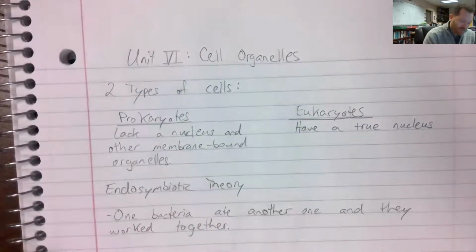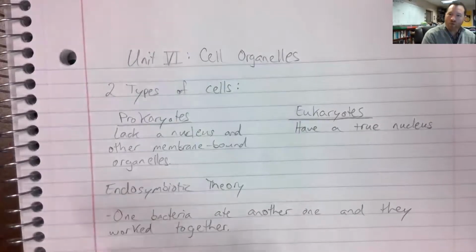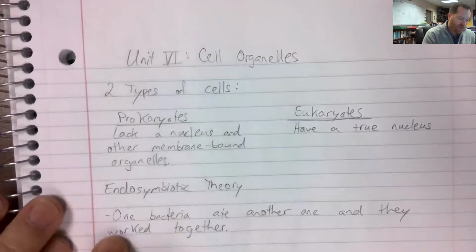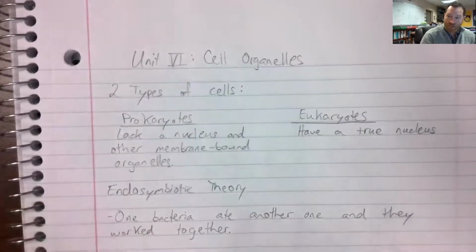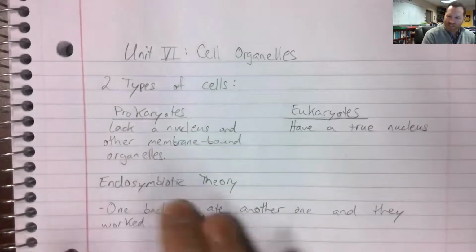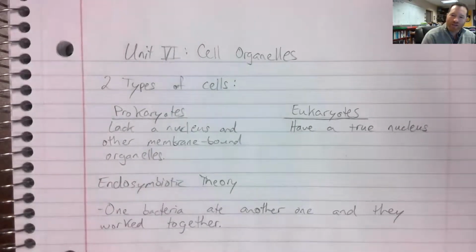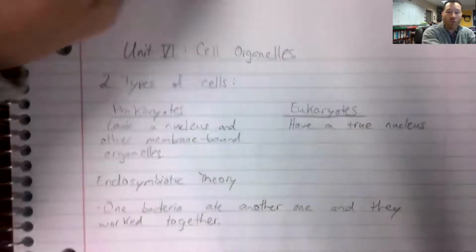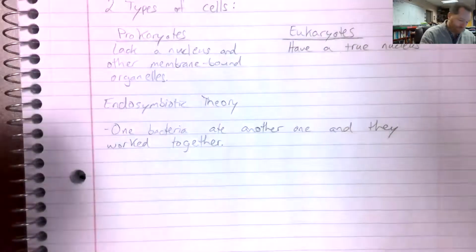And that's the theory. So endo, kind of like endocytosis, we covered that last chapter. One bacteria kind of endocytosed another one, and then they worked together. Symbiosis, two organisms working together. And so that's our theory for where cells that have organelles came from.